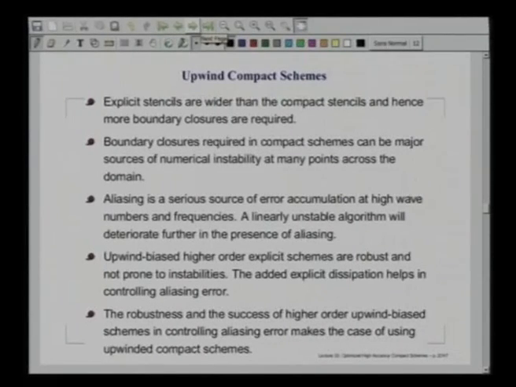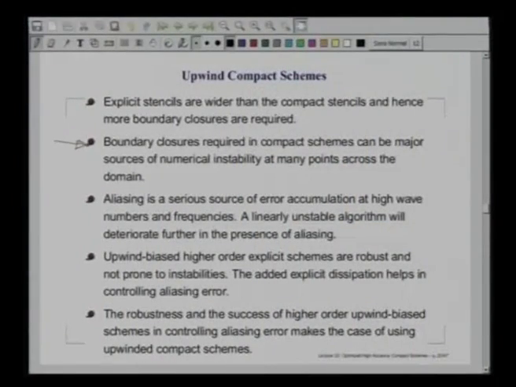That is the reason that we need to resort to even taking upwind compact schemes. We also need to worry about boundary closure, because boundary closure was the major source of error, as we saw the major problem was coming from j equal to 1 and 2. So, that is a major issue that we must really pay attention to in boundary closure. Then of course, error does accumulate at high wave number due to the aliasing problem, and we need to be cautious about aliasing.